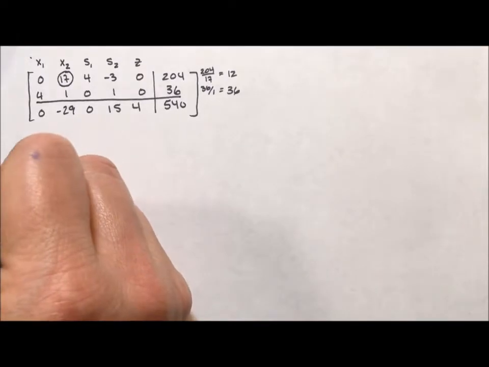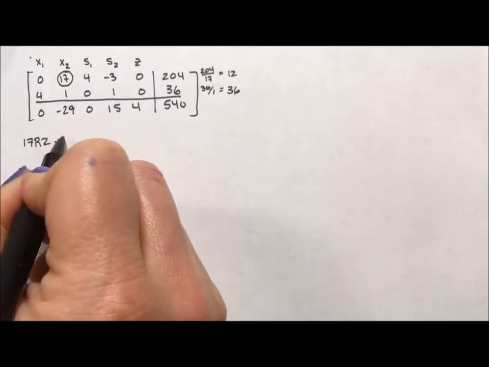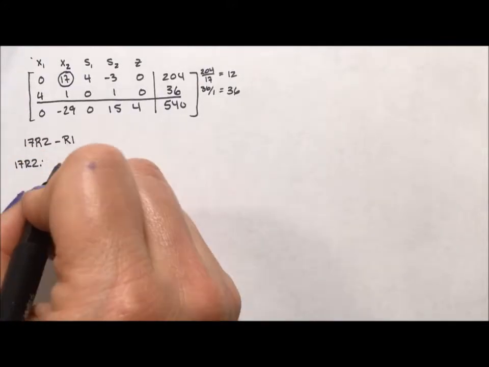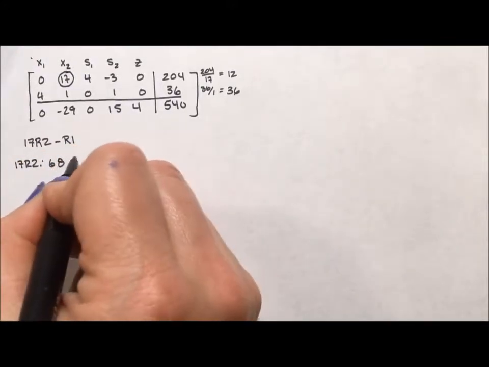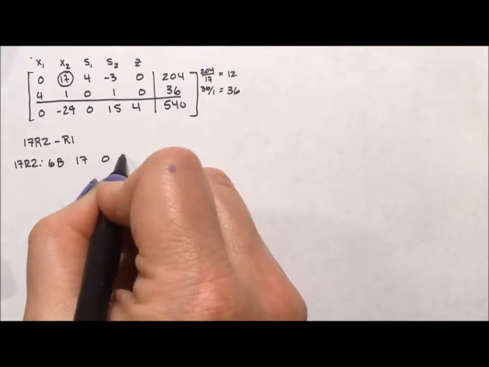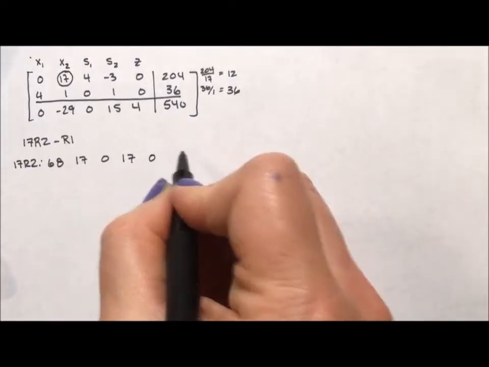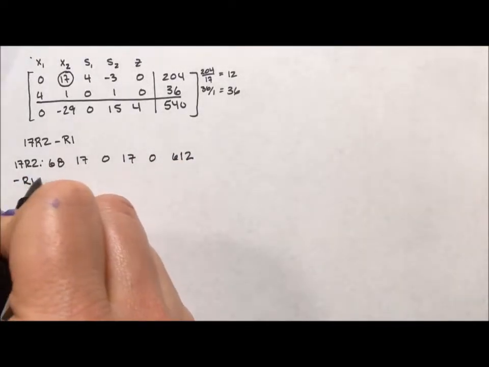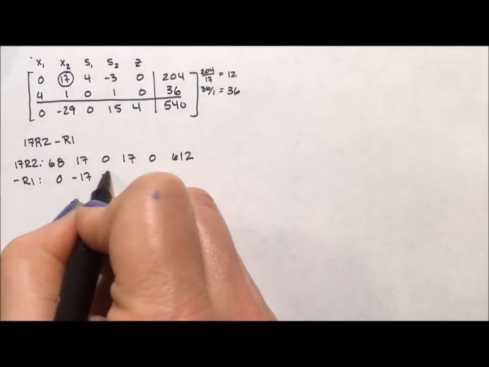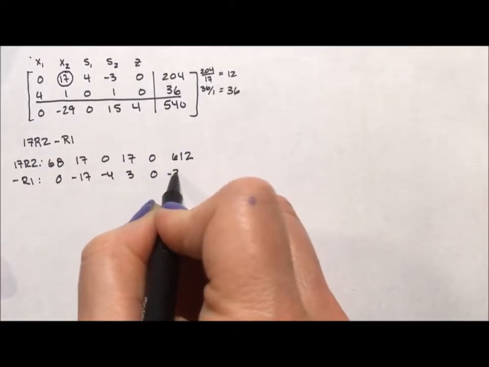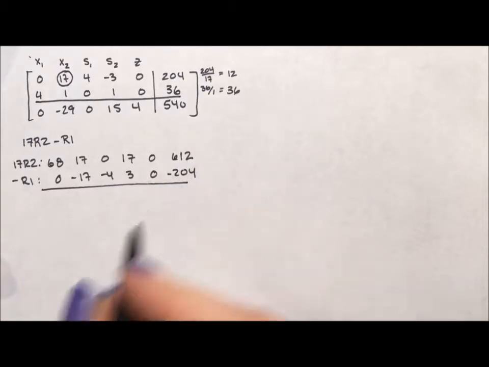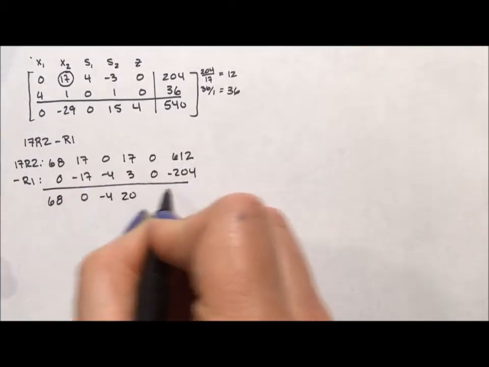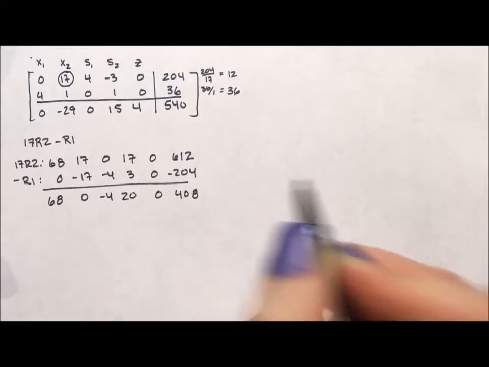So I'm going to say 17 row 2 minus row 1. 17 row 2 is 68, 17, 0, 17, 0, 612. Minus row 1, 0, negative 17, negative 4, 3, 0, negative 204. And when I add these together, I'm going to get 68, 0, negative 4, 20, 0, 408.